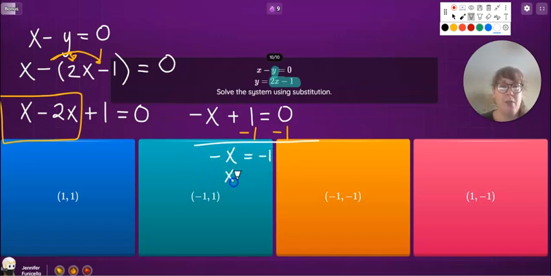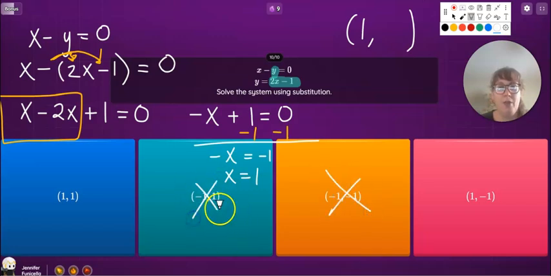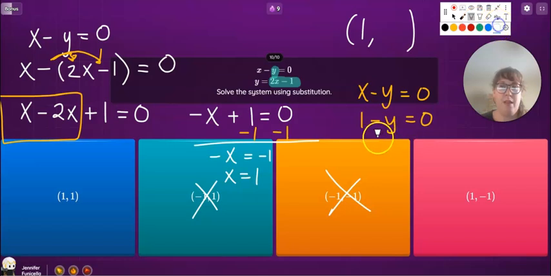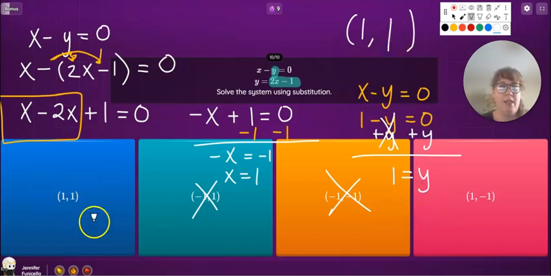Divide both sides by negative 1 to get x equals 1. So our coordinate is 1 comma something. So we know already it cannot be those two options. X minus y equals 0, and we have a 1 as our x. I can just add y to both sides to solve for our y coordinate, and we would get 1 equals y. So the point is going to be 1 comma 1.